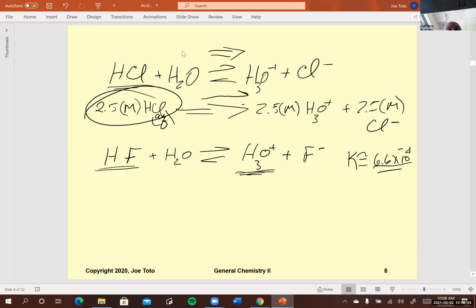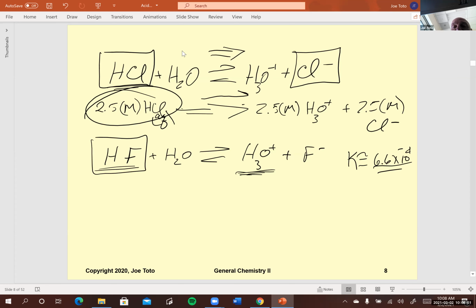And why can we use equilibrium techniques to tell us about the relative strength of the conjugates? All right, I have a strong acid, HCl, and its conjugate base is Cl minus. I have a weak acid, HF, and its conjugate base is F minus.